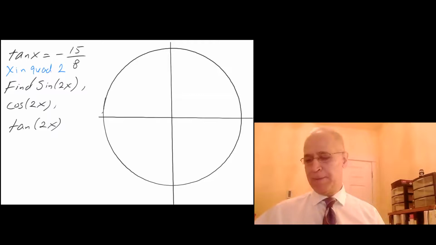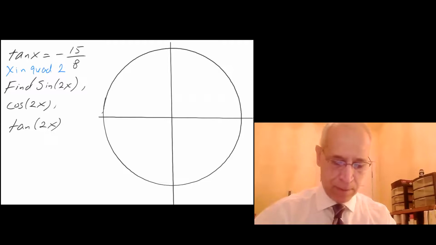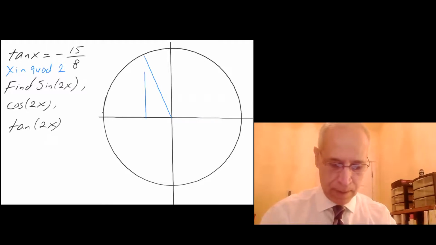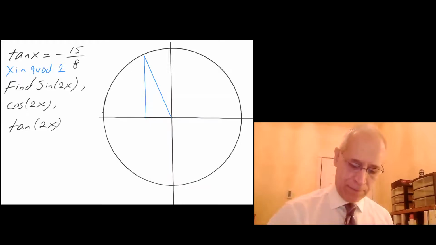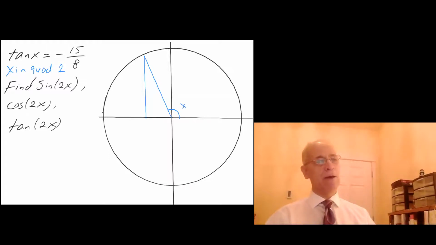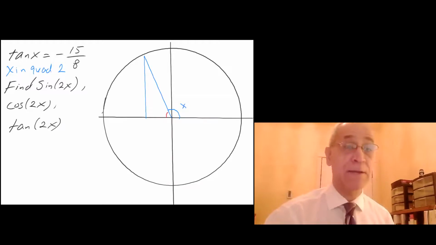I'm going to do a triangle in quadrant 2. Okay, so this is a triangle. Notice that if I have my x in here, I can use the reference angle to get the information.